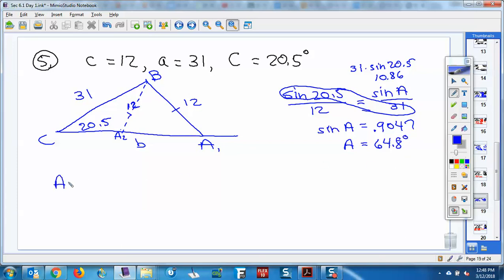I'm going to write that way over here. The other one would be 180 minus 64.8, but it'd be good to use the unrounded. It'd be good to go 180 minus and then use the answer key, because that can save you from rounding error. But what do you get?